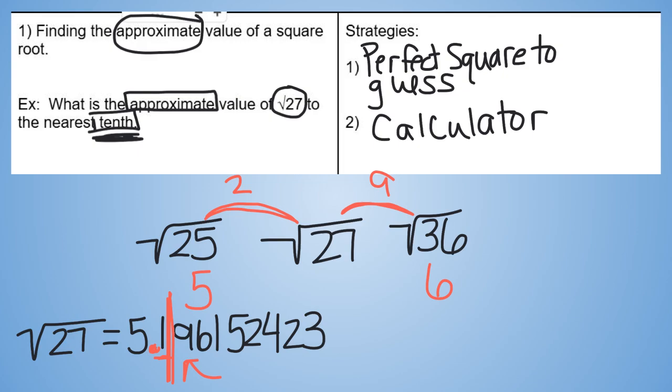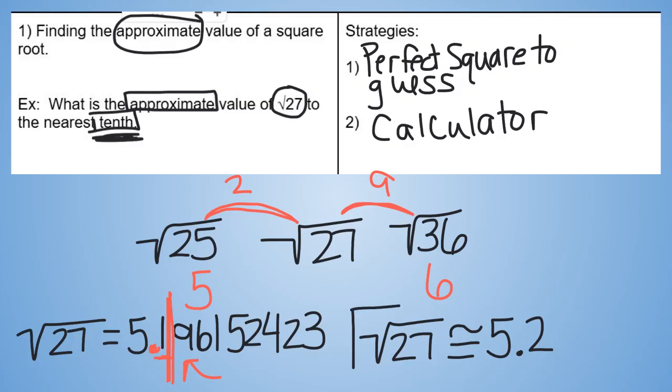But if that number is a 5, 6, 7, 8, or 9, it's going to cause me to round up. So to the nearest 10th, it is approximately 5 and 2, oops, I wrote that wrong, 5 and 2/10. So 2 strategies. Use your perfect square to guess, or use a calculator.